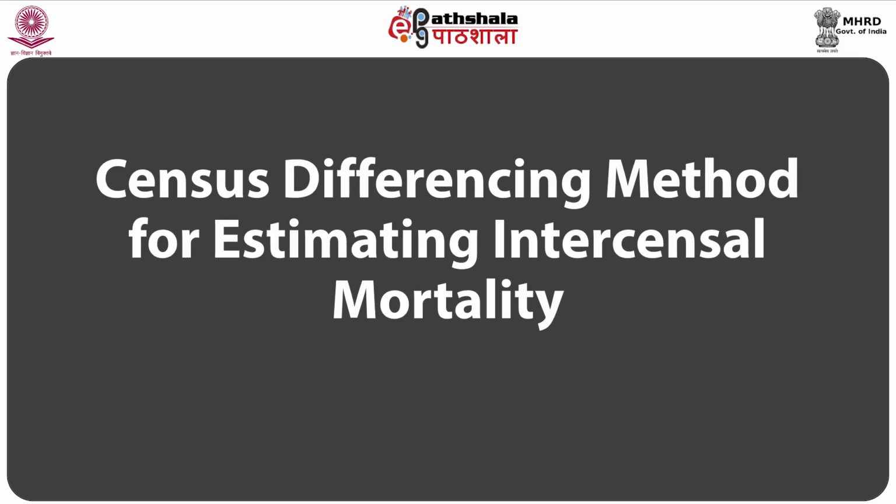One such method is the census differencing method for estimating intercensal mortality, whereby the method is used to estimate the crude death rate at age 5 and above for the intercensal period comprising 2 census periods. The method is discussed further in the module along with examples.